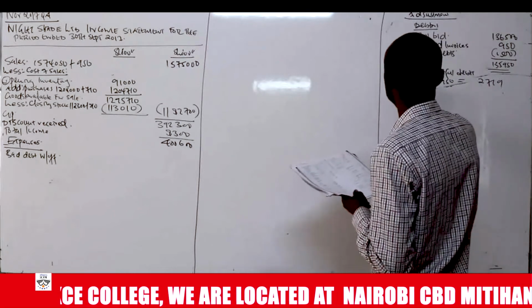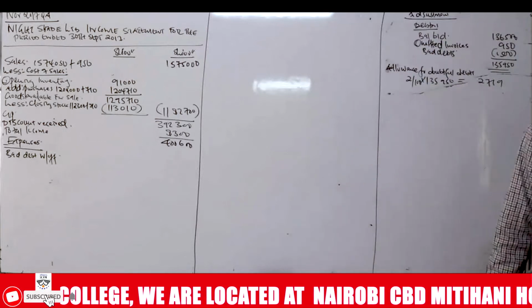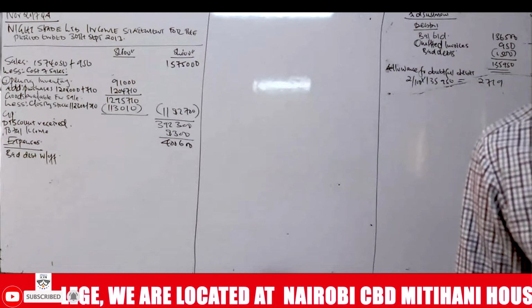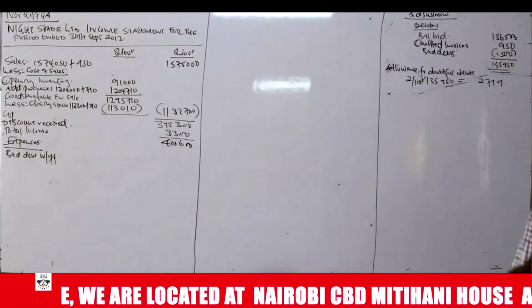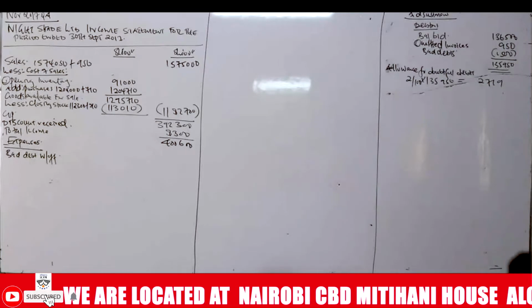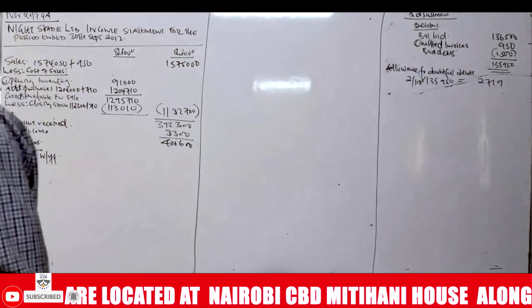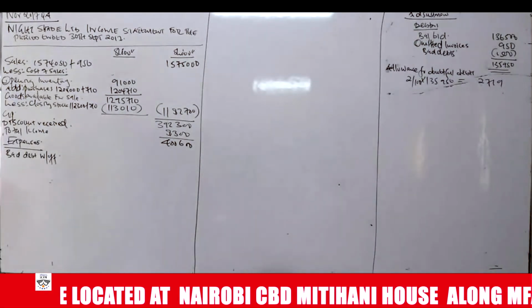And then the opening balance. We have bad debts in the trial balance. We don't have allowance in the trial balance, is it? So that is an increase, the provision, isn't it? So it is an expense. So bad debts written off itakuwa ngapi?